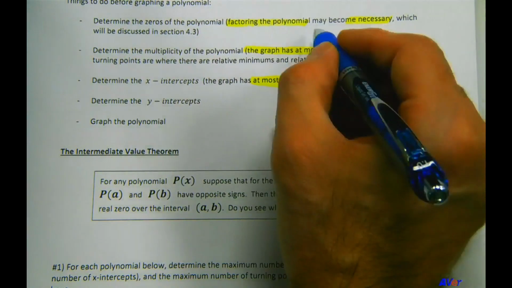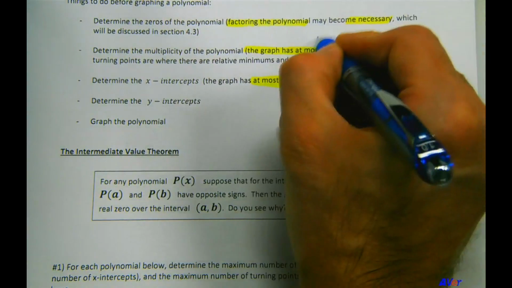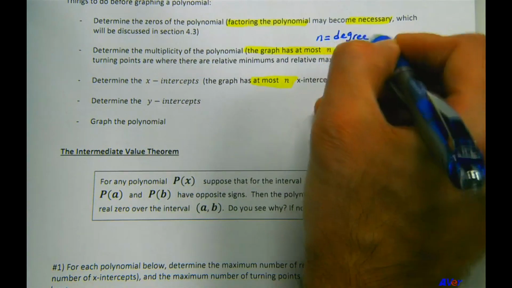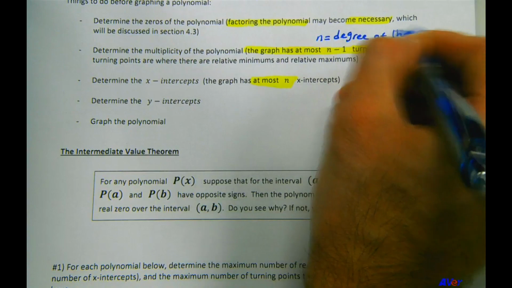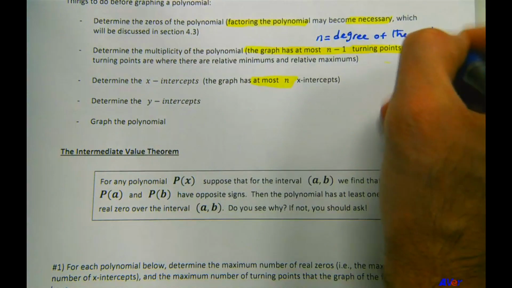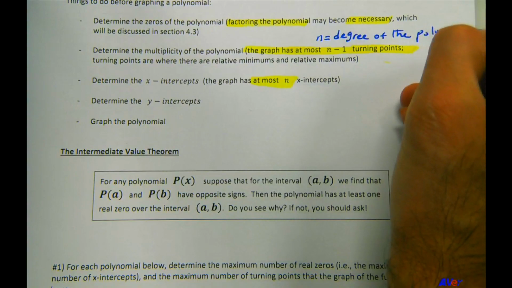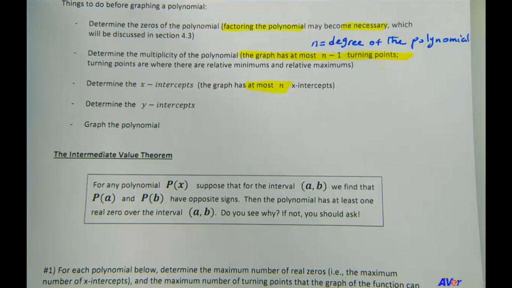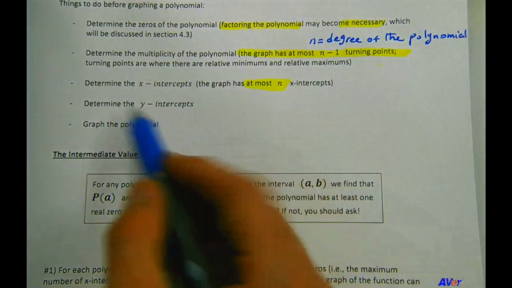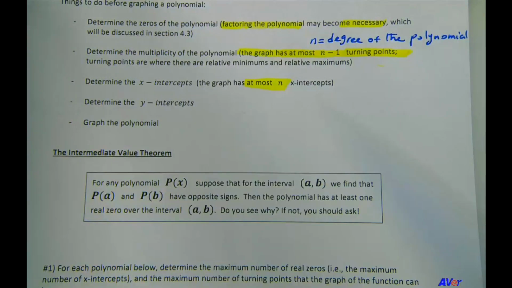So n is the degree of the polynomial. Okay, that's that. And then determine the y-intercepts, the x-intercepts, and graph the polynomial.